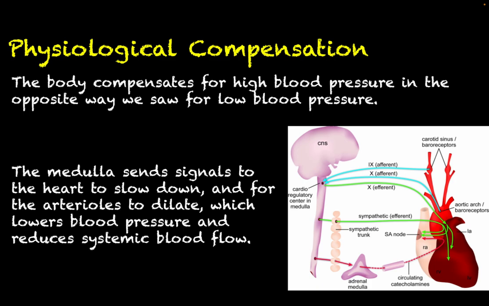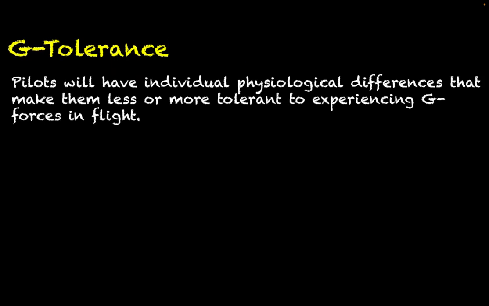And the overall systemic effect is that we reduce blood pressure and reduce blood flow. But obviously, same lesson here is that the physiological compensation mechanism is extremely limited and it is not designed for pulling extreme Gs. So it is not something to count on when you are flying an airplane.